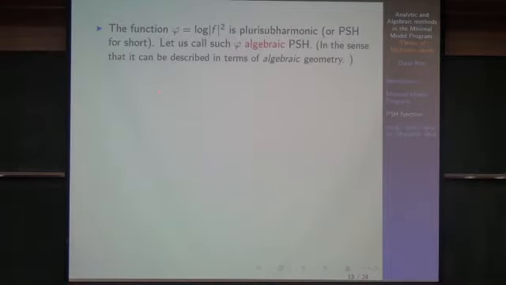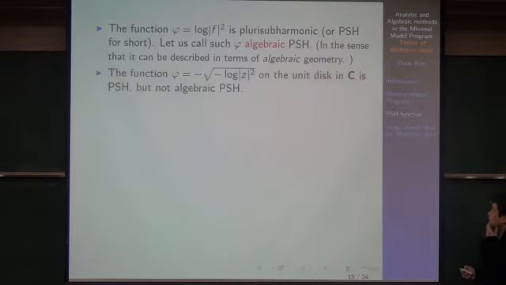This terminology, algebraic PSH, is not standard terminology, but I think it's convenient. We name it algebraic because when phi is of this form, basically it can be understood from the viewpoint of algebraic geometry.